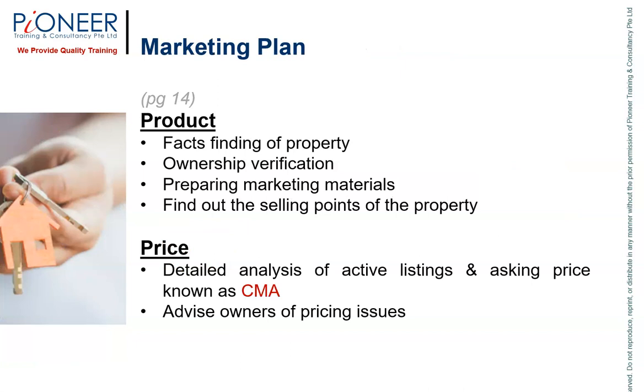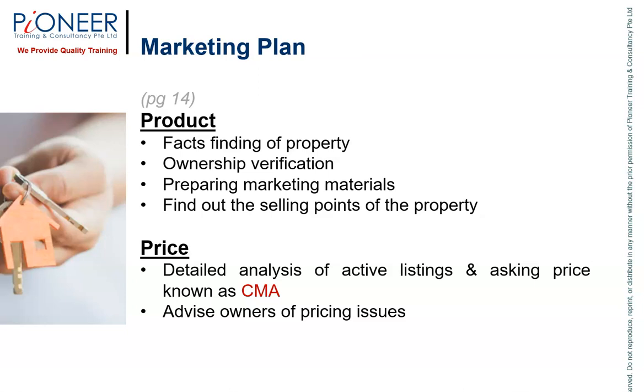Marketing plan for marketing private residential properties. As you recall from the earlier CU, marketing plan refers to the 4 P's in marketing: product, price, place, and promotion. These are business tools to guide you when you design your marketing plan.